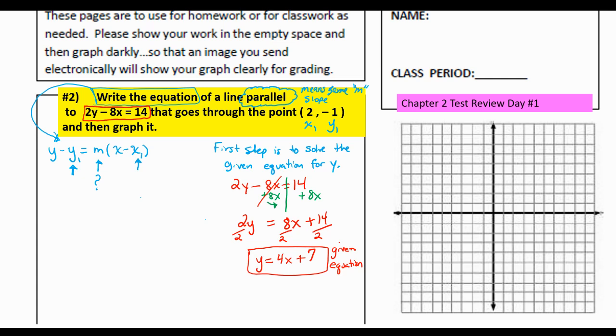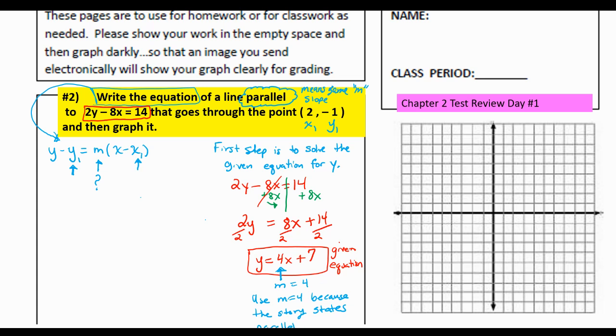And why did we need to do that? Because we're going to look at that equation. And what is the m? It's going to be equal to 4. So we're going to use m equals 4 because the story states parallel.